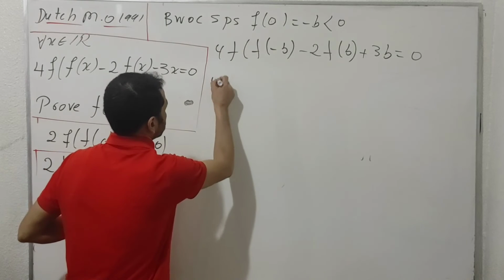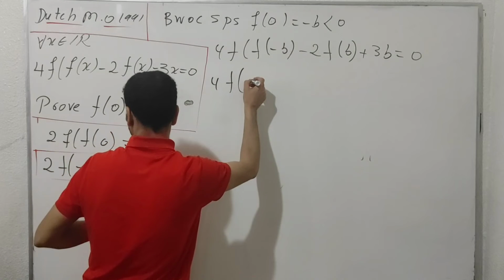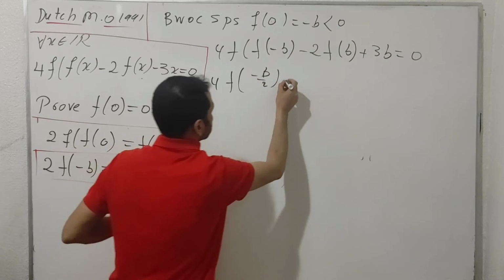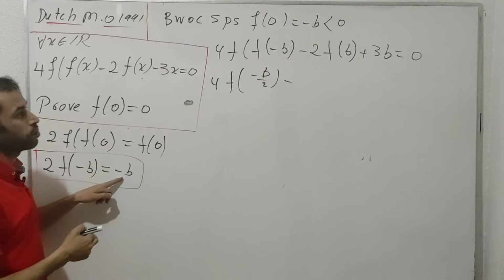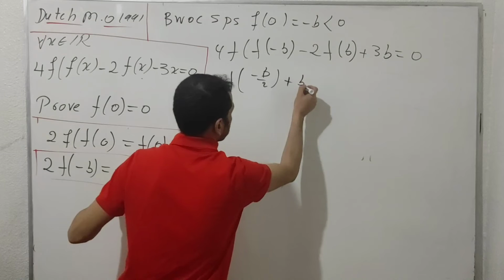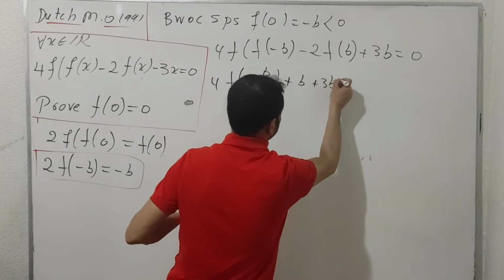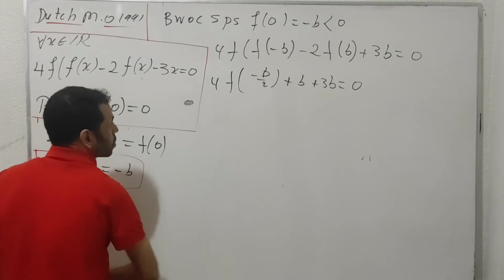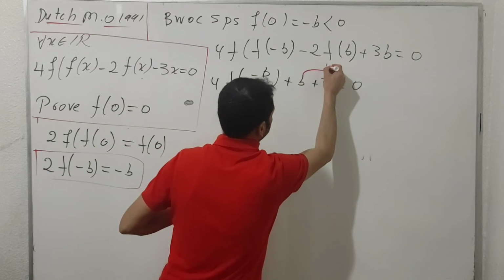I will have 4 multiplied by minus b over 2, which will be replaced with minus b, which is plus b plus 3b. This one simply is giving us equals 0. This one equals 4b.